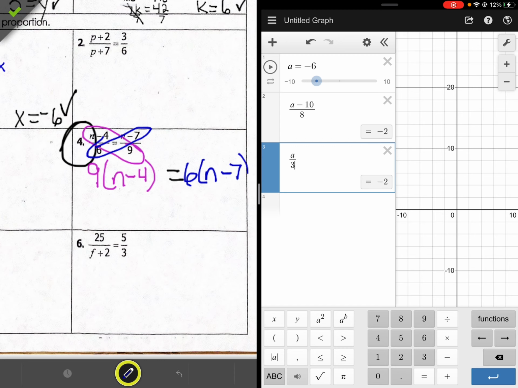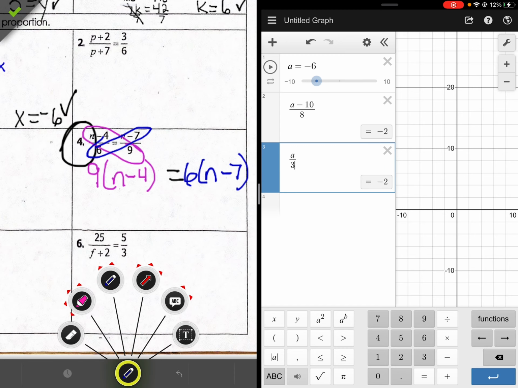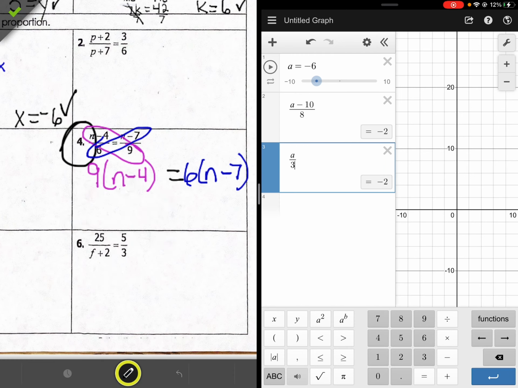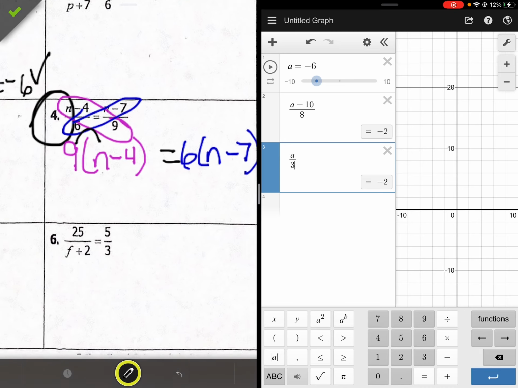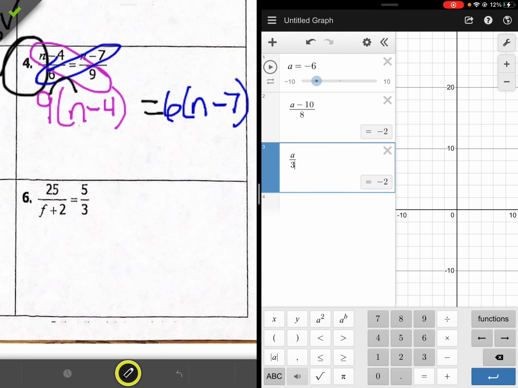I noticed 2 sets of parentheses, so I'm going to have to distribute twice. So 9 times n, and boy, I write too big for these boxes, don't I? 9n. Bring your minus down. 9 times 4, 36. Equals 6 times n and 6 times 7.